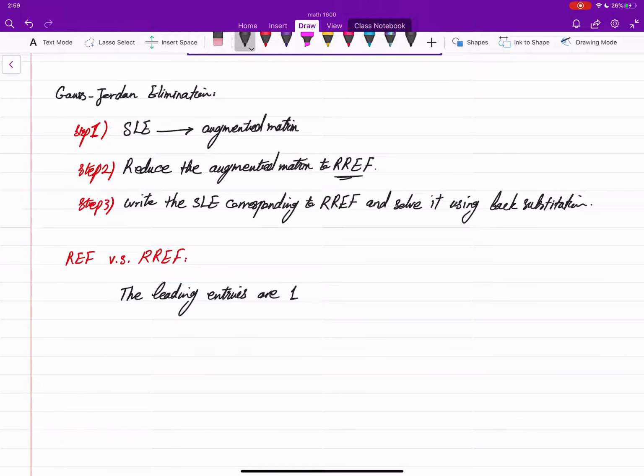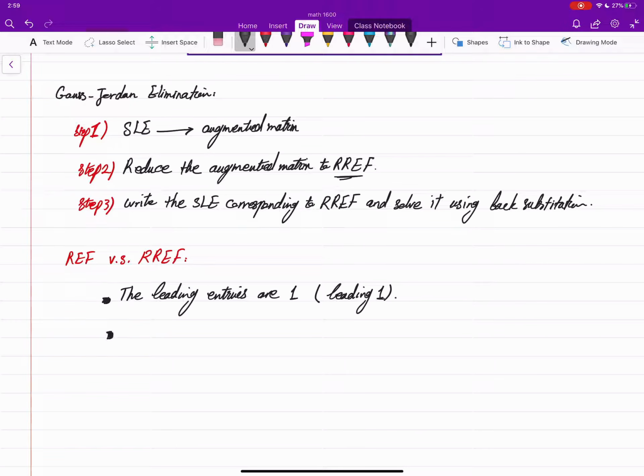So in the REF, it could be any number, just a leading non-zero entry. Here it needs to be 1. Instead of calling them leading entries, we call them leading 1s. That's the first thing. The second difference is that not only are the entries below the leading ones 0, also the entries above the leading one are 0.